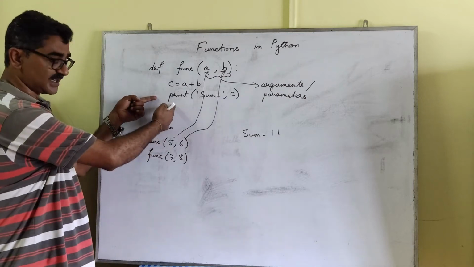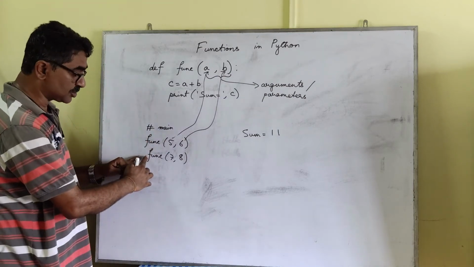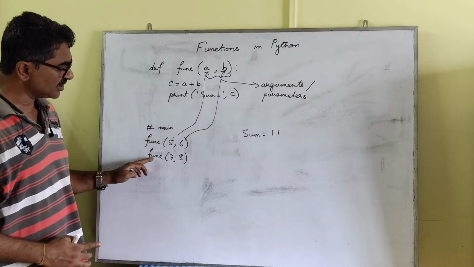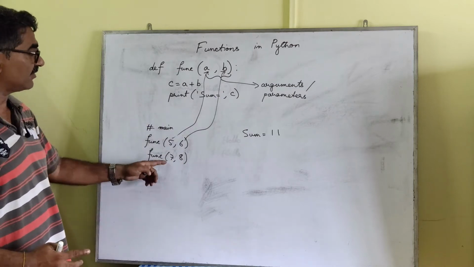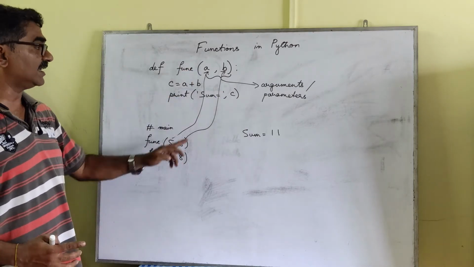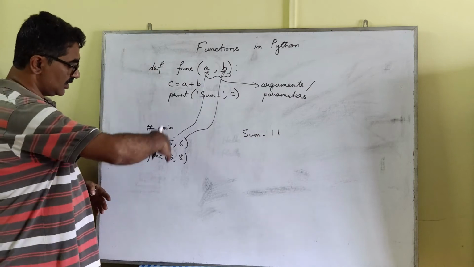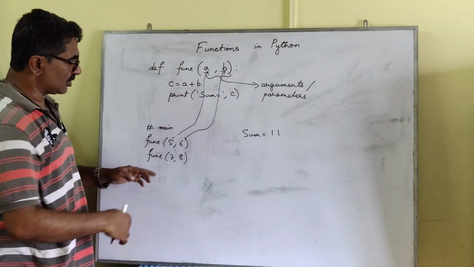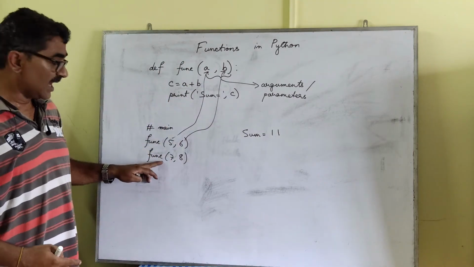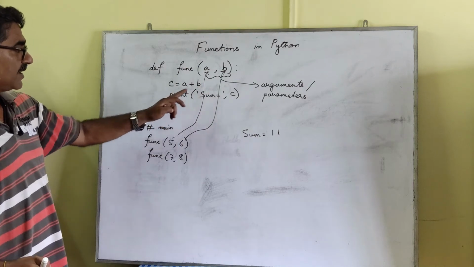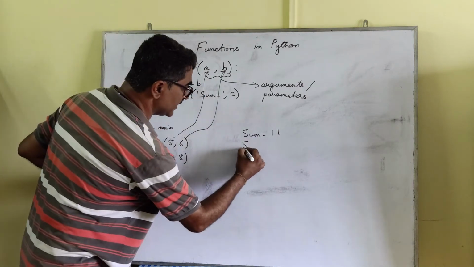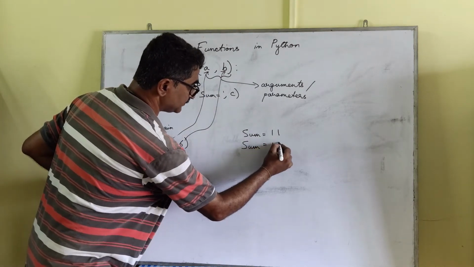After that, once again, the execution comes to the next line, func(7, 8). This time 7 goes to variable a and 8 goes to b. So the corresponding values go to the corresponding variables. Now 7 plus 8 is 15. Print sum equal to c. So it's going to print sum equal to 15.